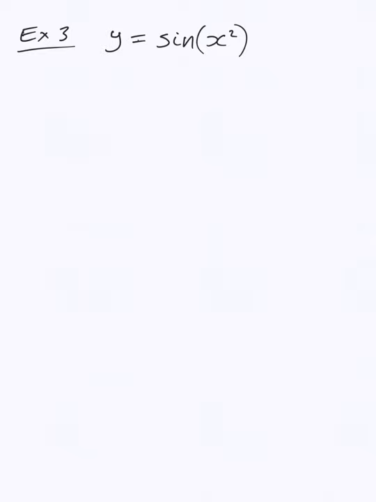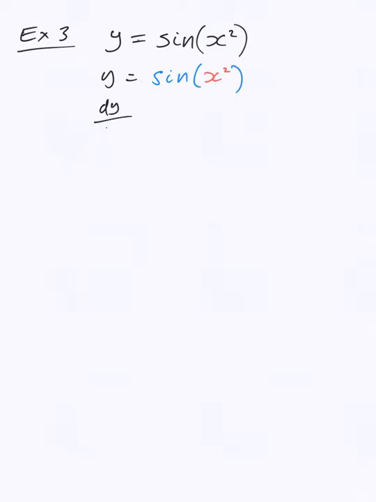Most of the time you can do the chain rule in one line, in one step. Just remember that you will have an outer function u and a function inside that v, and you will differentiate the outer function with respect to whatever's in the brackets, and then multiply that whole thing by the derivative of what's in the brackets. So here the outer function u is sine, and what's inside that sine function is x squared.